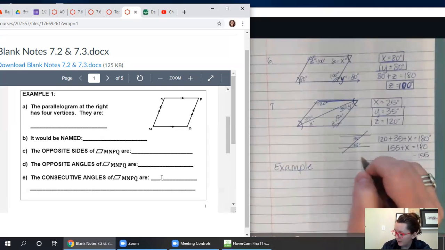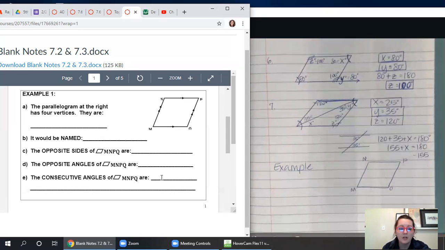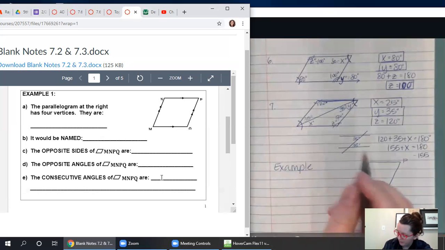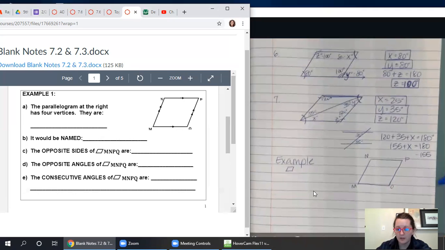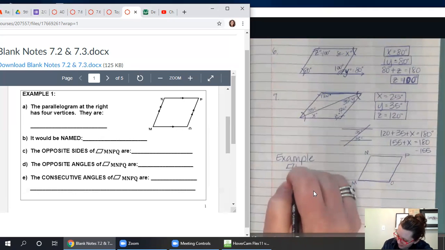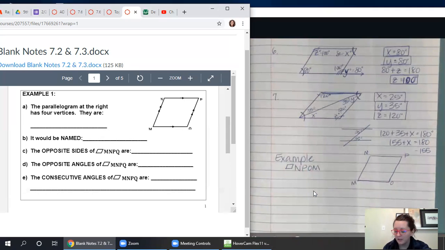So we have NPQM, and we talked about naming them in clockwise order. So naming this would be parallelogram. You can draw the little figure there. NPQM would be a correct term. If you said PQMN, that'd be okay too. If you said MNPQ, that would be correct too. Any one of those as long as you're going in order, okay?